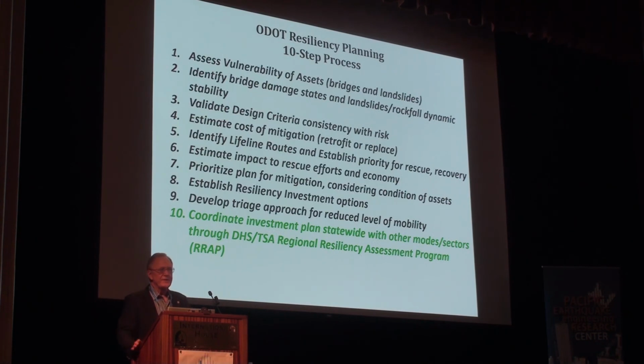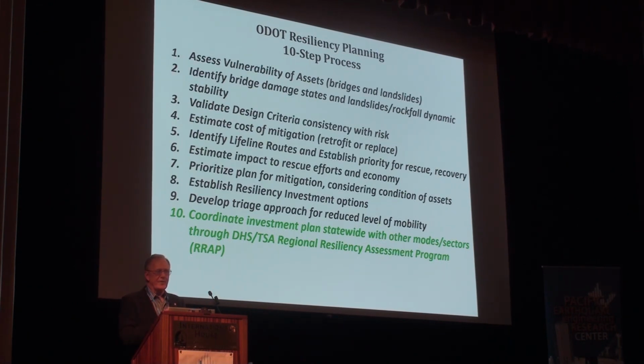So we've also coordinated with liquid fuel, water, wastewater, railroads, and the ports, and they're at various stages of analyzing their system and identifying vulnerabilities so that we could work together to come up with an investment strategy, not only for highways, for bridges and landslides, but we believe the way to effectively increase resilience throughout our whole state is we need to wait for the other modes.